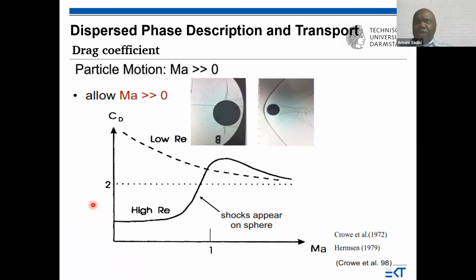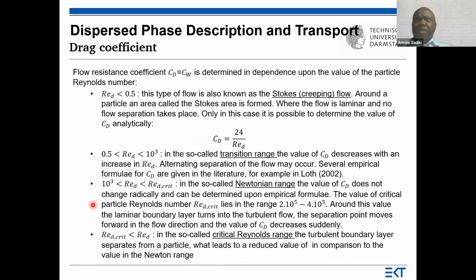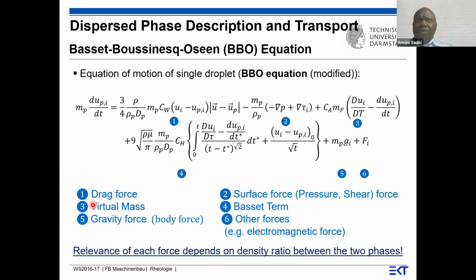Good afternoon, everybody. We stopped here and we have to continue now. We have introduced the different forces which act on the droplets. We have a series of forces. We name them the drag force, the surface force, the virtual mass force, and the Bassett force.